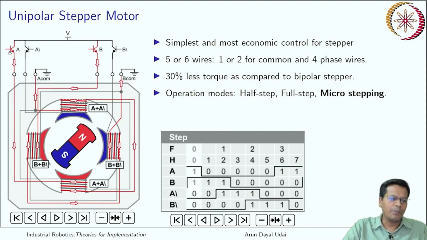So this is to reverse the polarity of the poles. North becomes south, south becomes north for one pair of the set, that is A and A bar. Similar is the connection for B and B bar, which is controlling the horizontal poles shown here. That will control the current over here in clockwise and counterclockwise direction, and will make the polarity reversal in these two poles. So you have four different poles, in pairs of two.